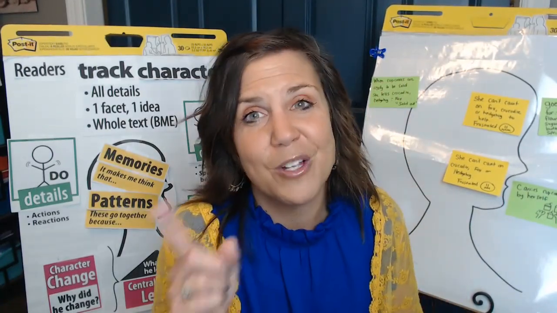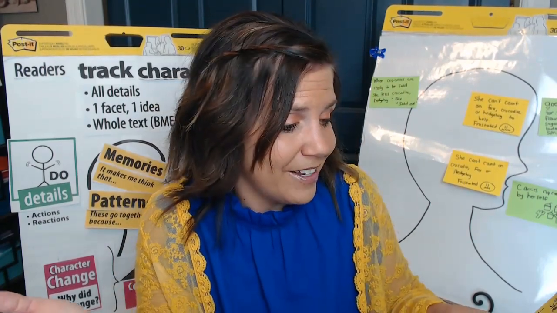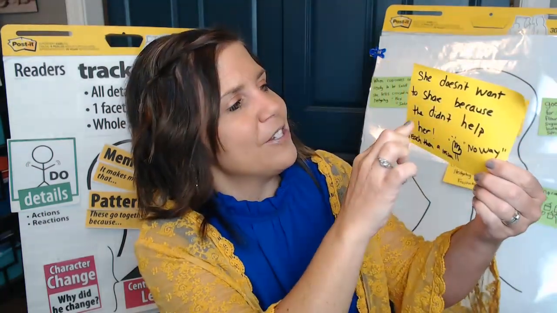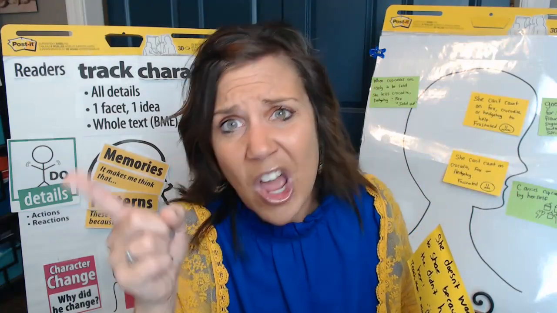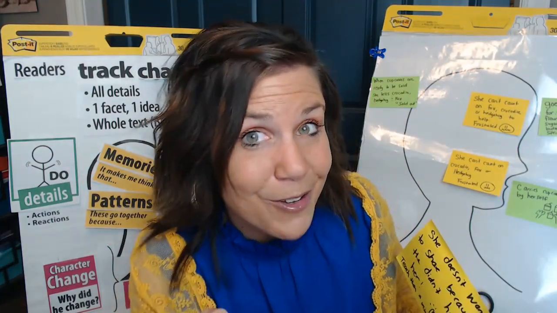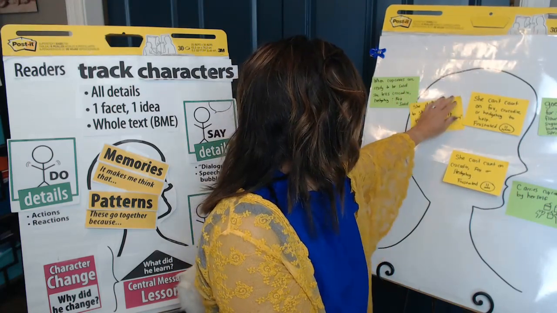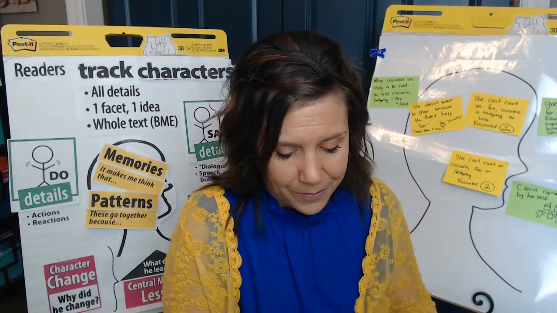We thought she just doesn't want to share a cupcake because they didn't do any work, right? She wants to kind of teach them a lesson. She doesn't want to share because they didn't help her. She's saying, "No way." Is that what you thought? Yeah. They're not really sold out. She just doesn't want them to get a cupcake because they didn't help her.